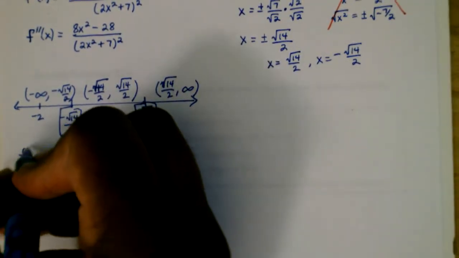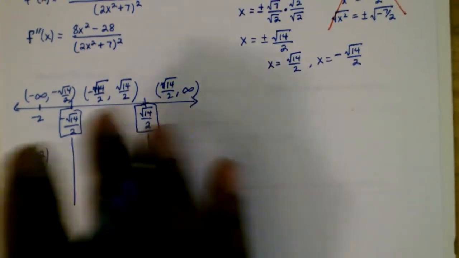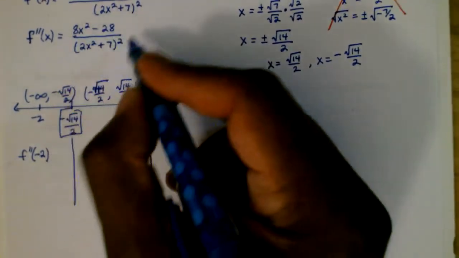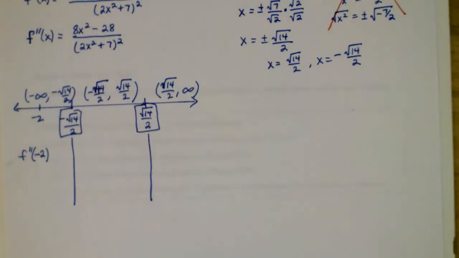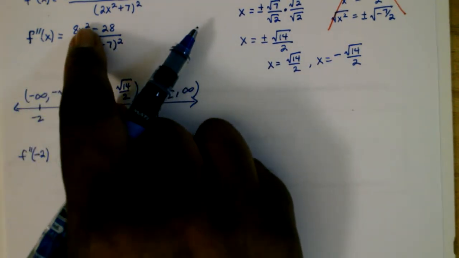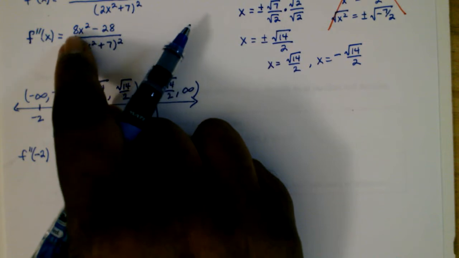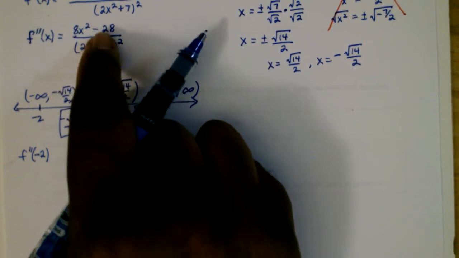And then I'm going to do f double prime of negative 2. Now I'm going to use this up here, that 8x squared minus 28 divided by 2x squared plus 7 quantity squared. So negative 2 squared would be 4, times 8 would be 32. 32 minus 28 would be 4.